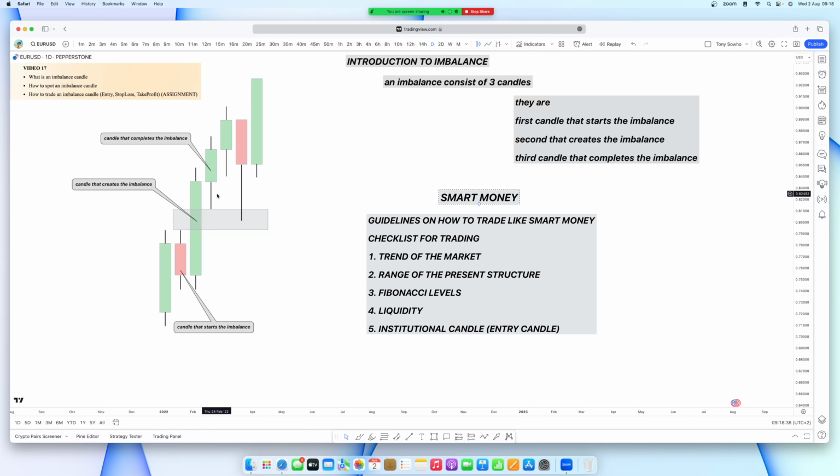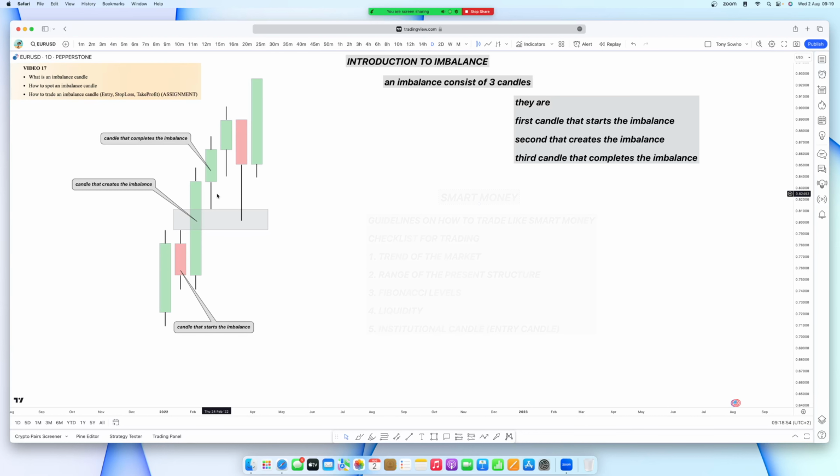And when I say buying opportunities, you're going to be looking for any of the three institutional candles in order for you to get your trade: either the mitigation candle, or the imbalance candle, or the institutional cube, smart money cube candle. So these are the three things I like to look out for inside the range, at discount or at premium areas, when I want to buy or sell.